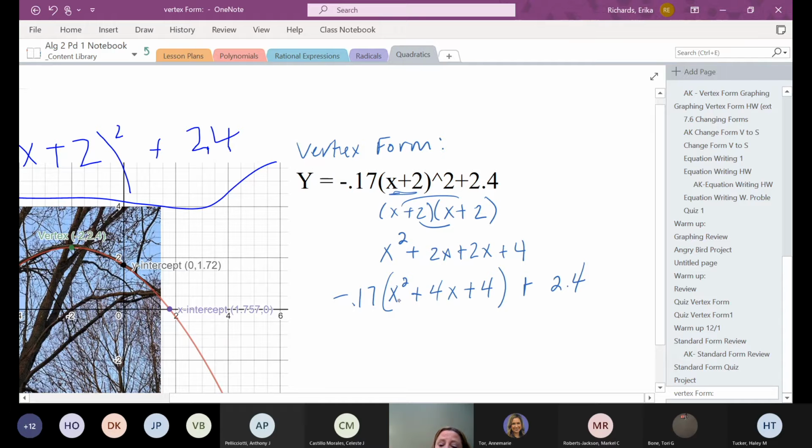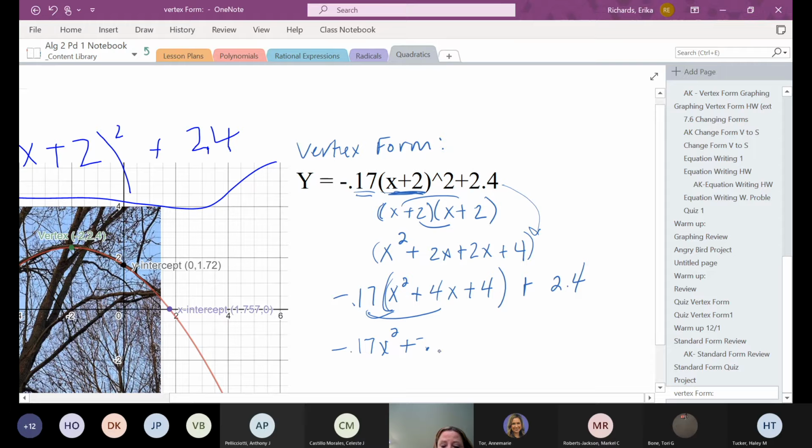So on the quizzes, some people were adding the 2.4 here. You can't do that yet. This is still in parentheses with a multiplier out in front. Now I multiply, so negative 0.17 x squared. I have no clue what 4 times negative 0.17 is, so I'm going to distribute that.